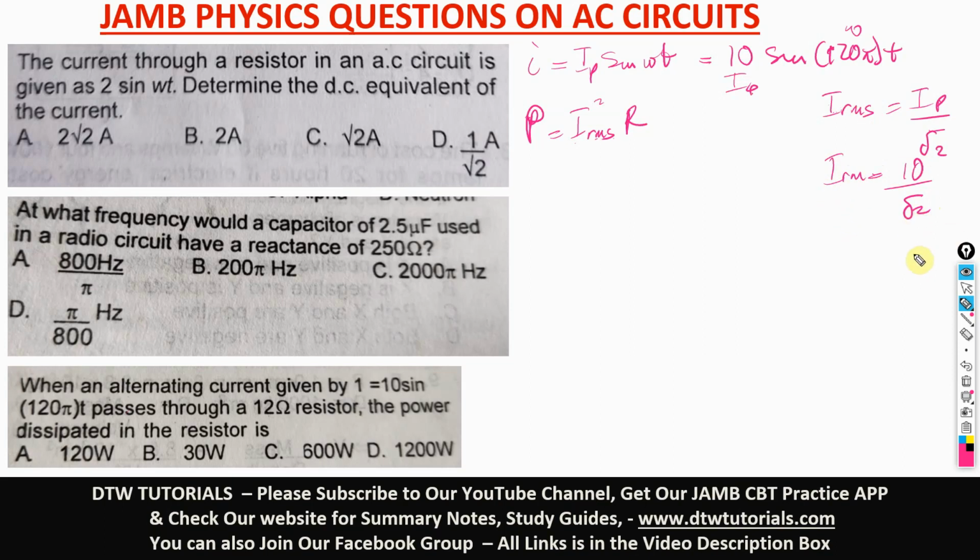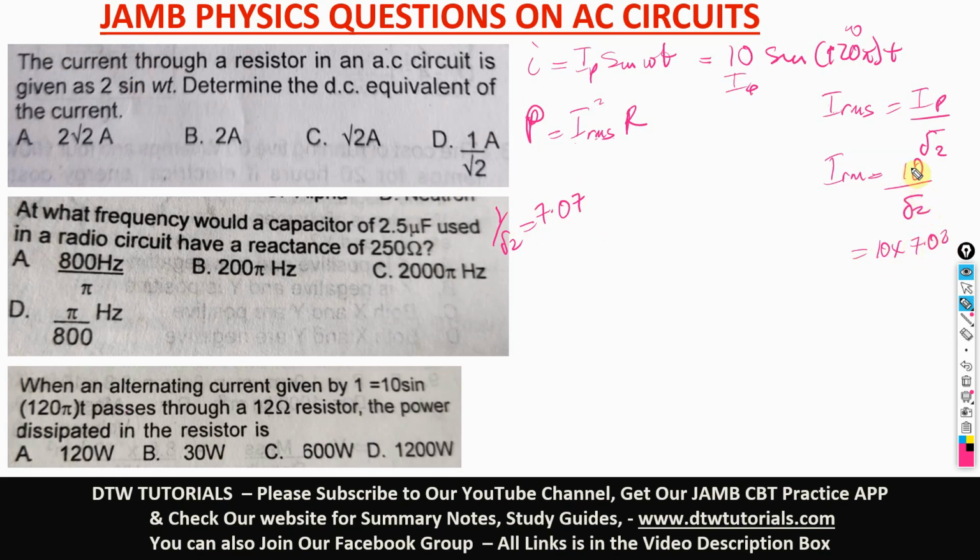And always remember this too in AC circuits: 1 over root 2 is equal to what? 0.707. They won't tell you here, but you should know. I think on the calculator, is there anything like square root? I've really forgotten. But just know this. So it means here we have 10 times what?